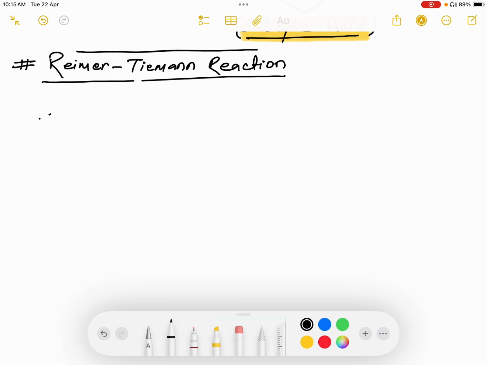In this reaction, phenol is treated with CHCl3. CHCl3 is chloroform.